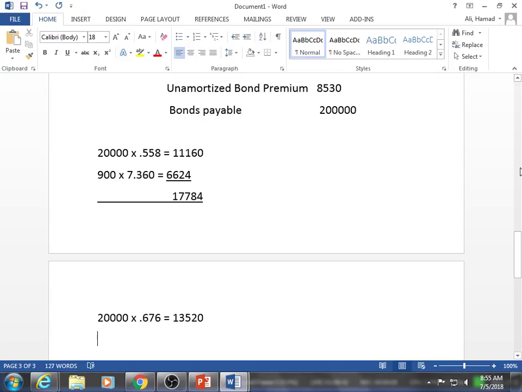And for the interest, 900 times table 2, same thing, 4% and 10 periods. 900 times 8.111, and that's equal to 7,299.9. So we put 7,300, that's what it rounds up to.